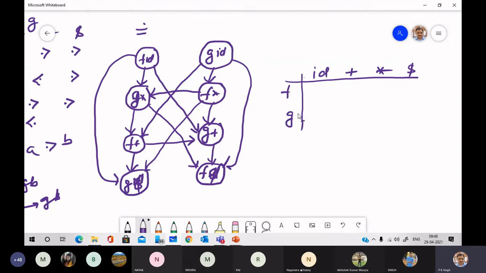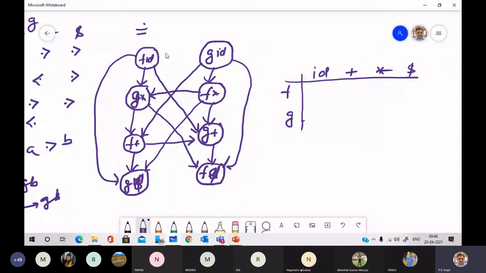For each, here you will enter the numerical value for FID. Here F plus, F asterisk. Similarly GID, G plus, G asterisk, and G dollar.